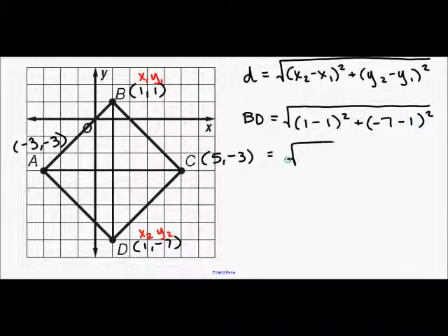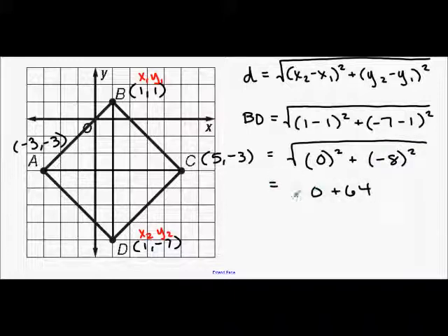So I have here the square root of 0 squared plus -8 squared, which is 0 plus 64. And the square root of 64 is 8. So BD is 8 units long.